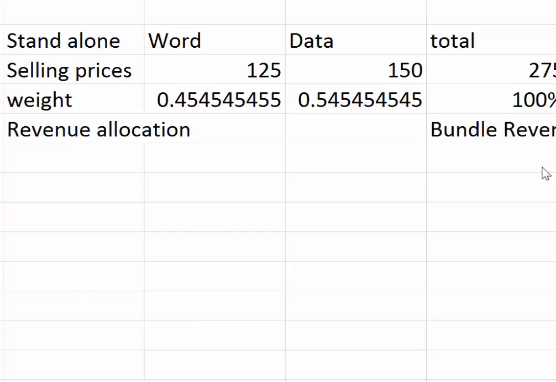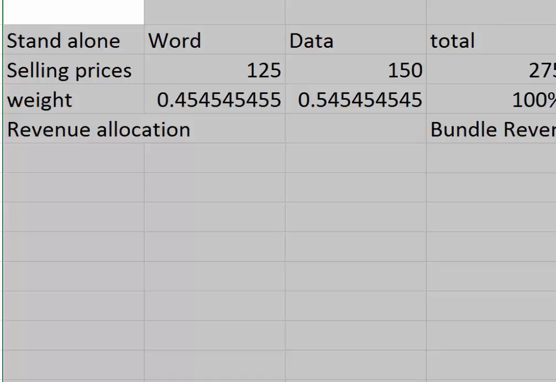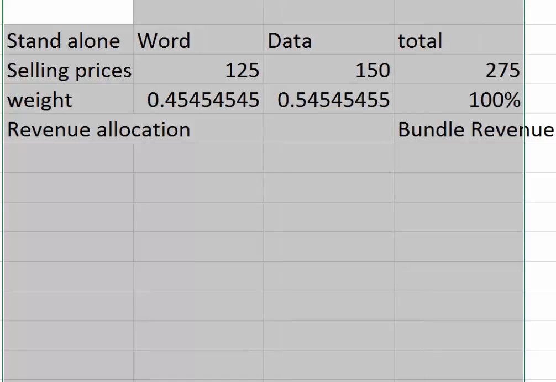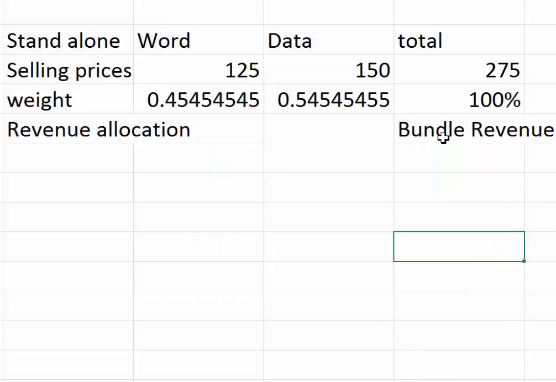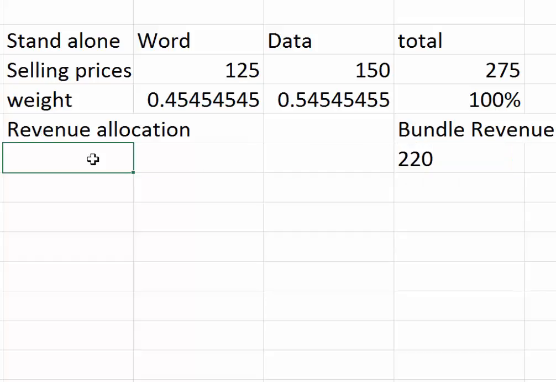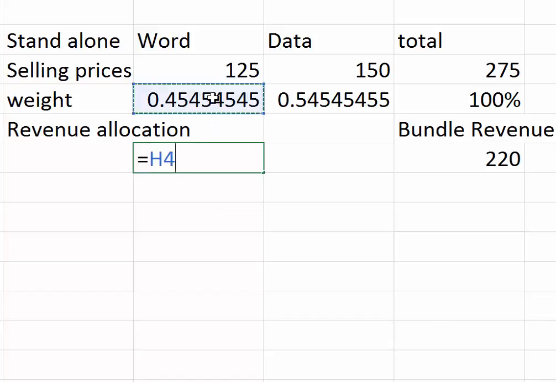If you sell the whole bundle, then the price is going to be $220. So that's what I'm going to put here, $220. Now I'm going to split the 220 according to those two ratios. For this one, it's going to be this ratio multiplied by 220.